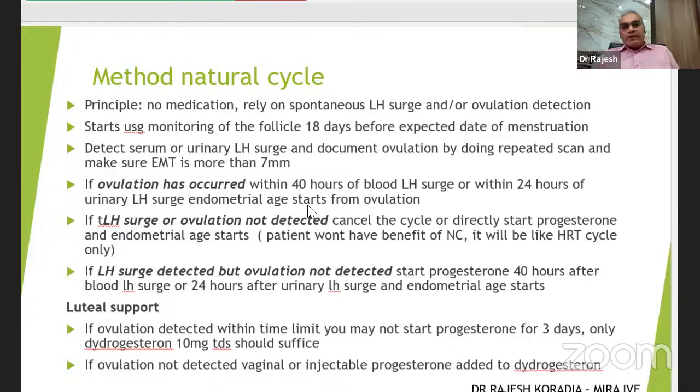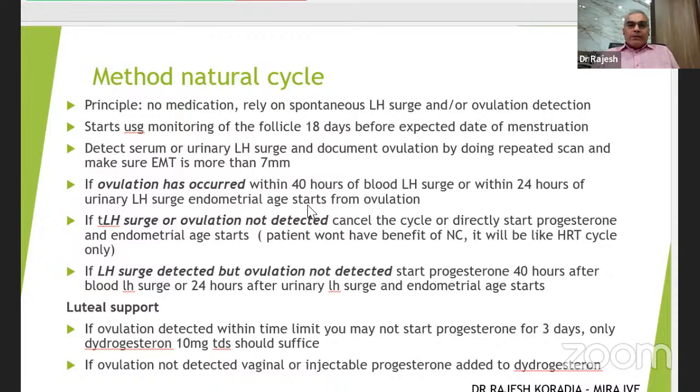Now there are different scenarios while monitoring the natural cycle. If the ovulation has occurred within 40 hours of blood LH surge or within 24 hours of urinary LH surge, the endometrial age starts from the ovulation, and embryos are thawed and transferred accordingly.